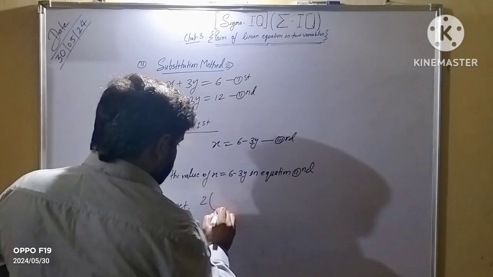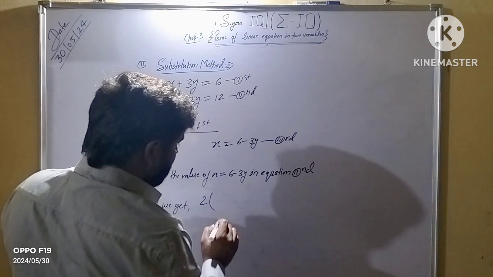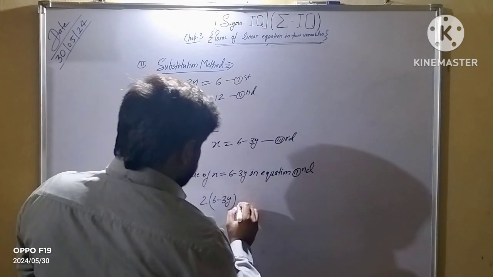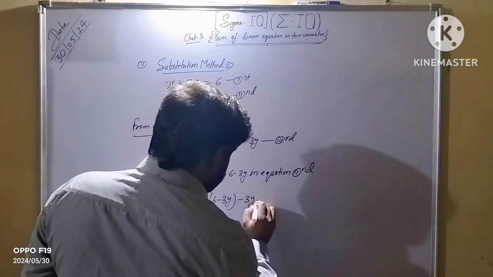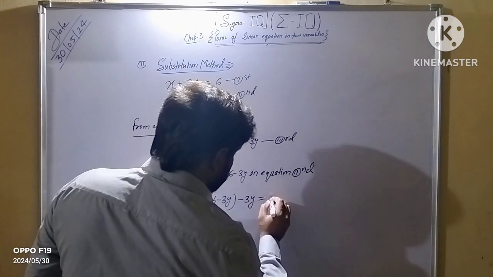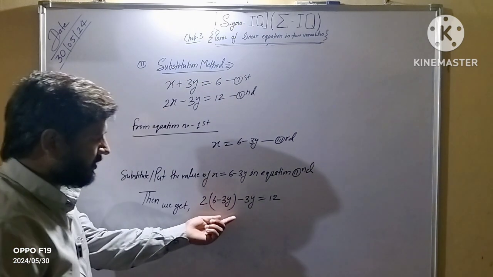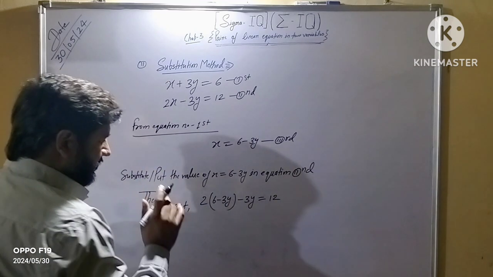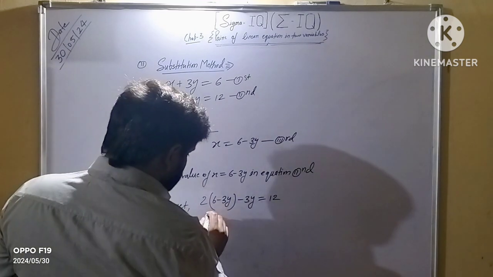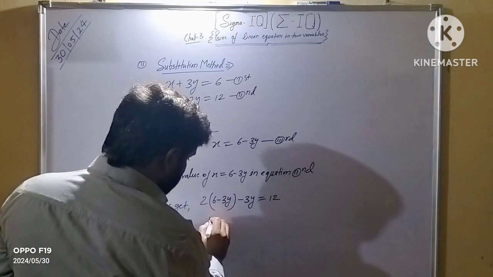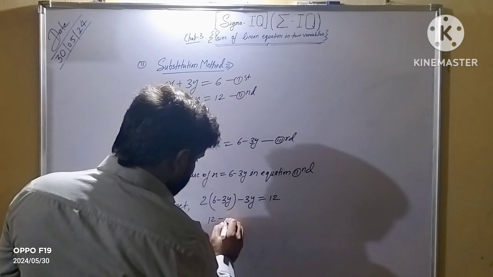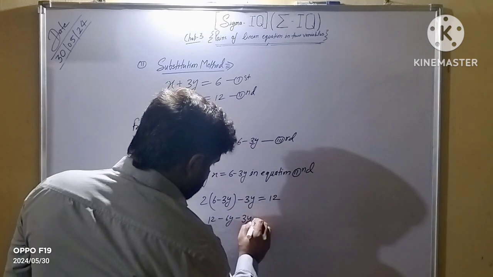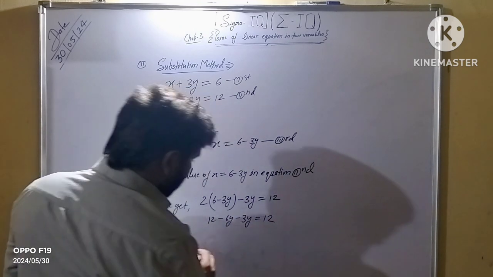2 as it is, x replaced by 6 minus 3y, 6 minus 3y, minus 3y as it is, equal to 12 as it is. Now equation number second is converted into only a single variable y. Solve this. 2 into 6, 12, minus 3 into 2, minus 6y, minus 3y as it is, equal to 12.